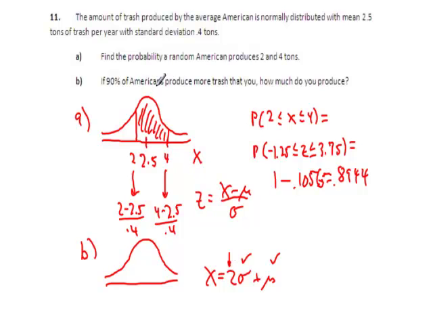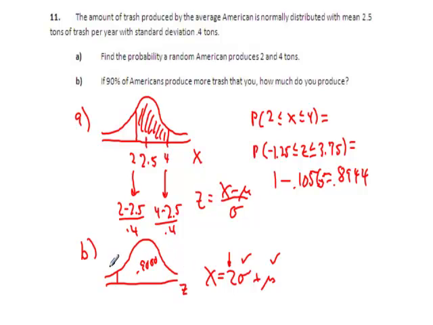They tell us 90% produce more trash than you, so in other words, 90% is going to be to the right of you. So 0.9000 is to the right of you. So first, let's work with z-values, and then if we find out what z-value this is, we can plug it into our formula and we'll have our answer.